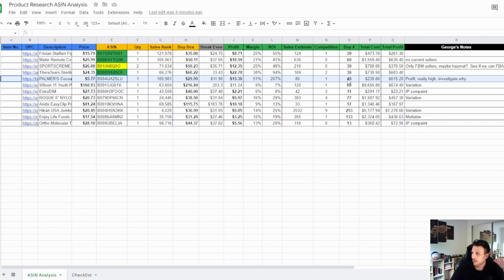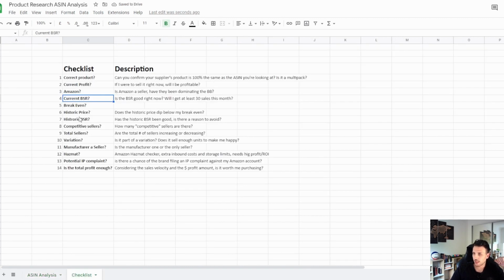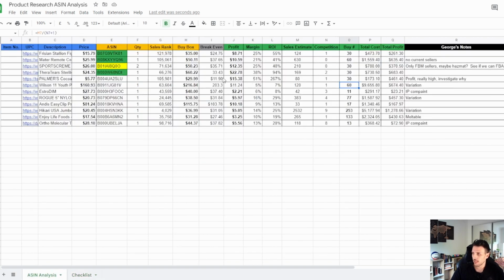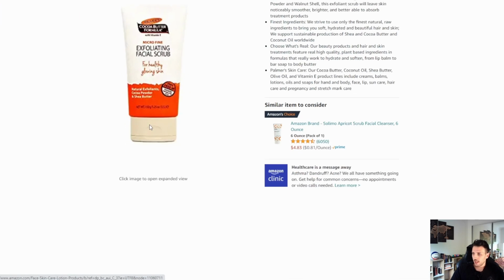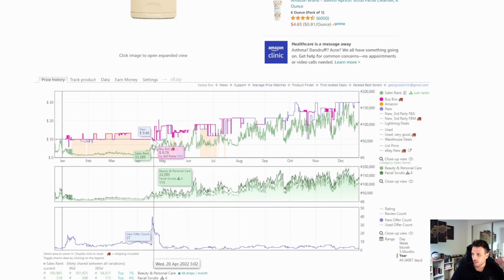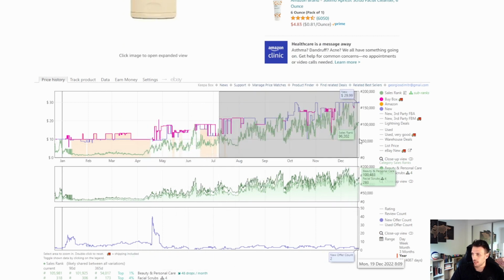So I'm just going to type in 30 here, and I'm going to continue looking at the checklist. So we looked at the historic price. Let's look at the historic price and compare it to our break even. Our break even is, we said, $11.90, and let's look at this portion here.